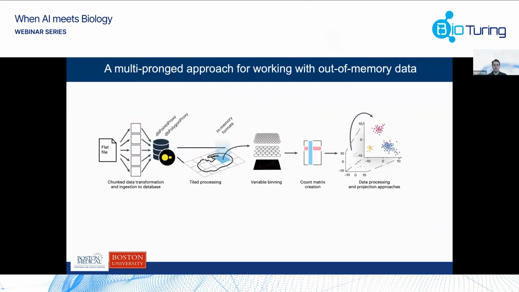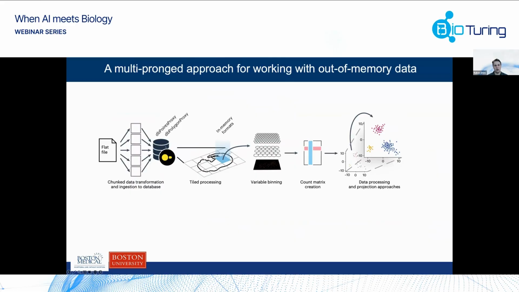Okay, I think this is another question, and this goes back to an earlier one, or at least it's a little bit related: how scalable is it? Working with out-of-memory data can be a challenge. The way we try to address this in Giotto Suite is a multi-pronged approach, where we have different ways of reading the data in a chunked fashion.